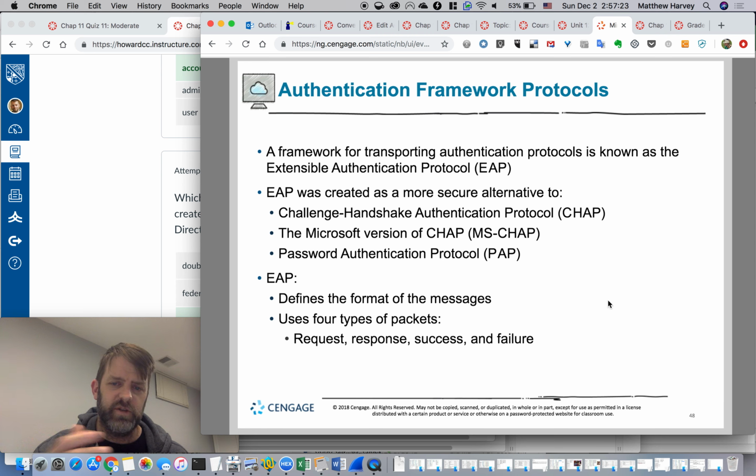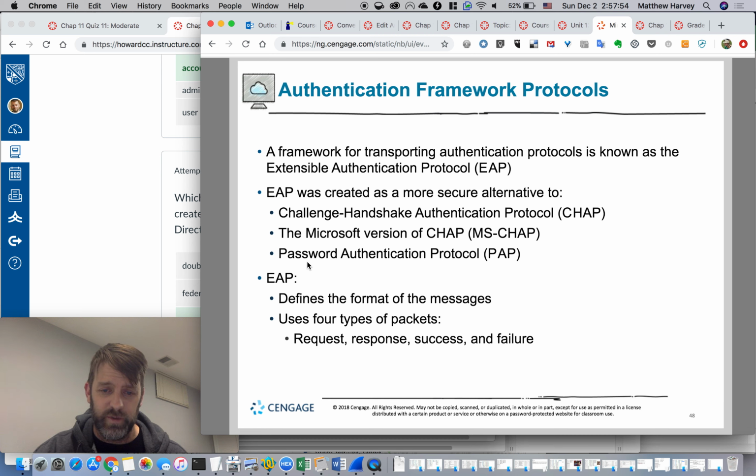These are some authentication protocols. EAP is basically a framework. It's not a specific authentication protocol in itself. It's a framework for how other authentication protocols can be handled, right? So these are some older things that used to be used: password authentication protocol, and then challenge handshake.